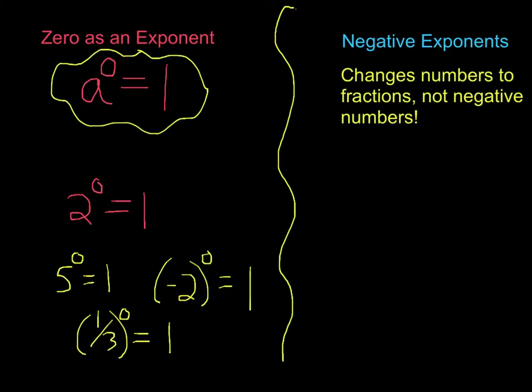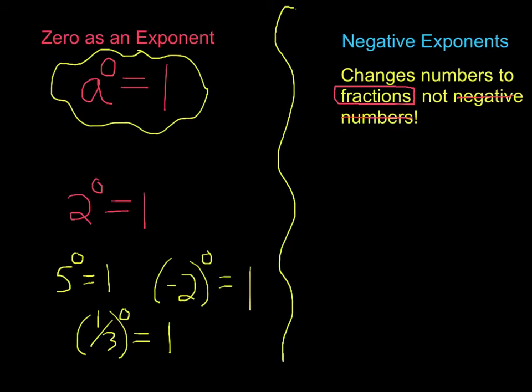And then in that last example, when we had negative exponents, it meant that we were changing the numbers into fractions. The negative exponents did not mean that you were changing them to negative numbers.